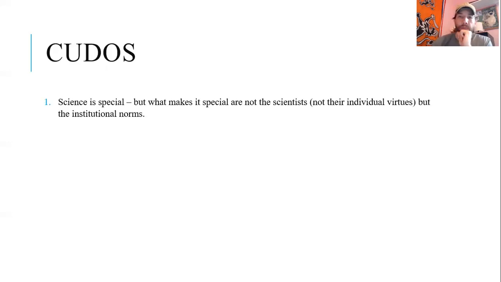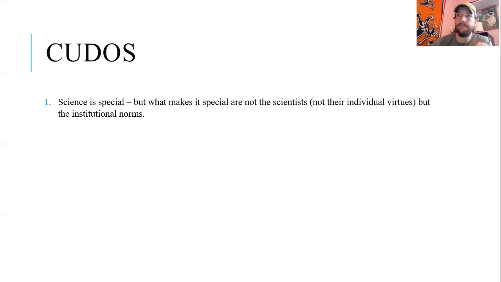But before I get to that, one or two points here. Look, what he's saying is science is special, epistemically special. It gives us a privileged access to truth and reality. But what makes it special are not the individual scientists. It's not the virtue of the scientists.